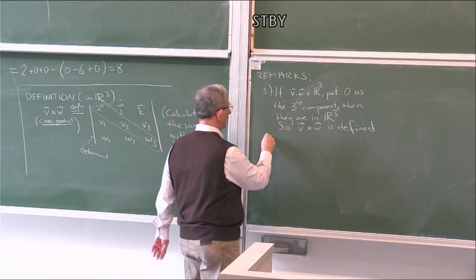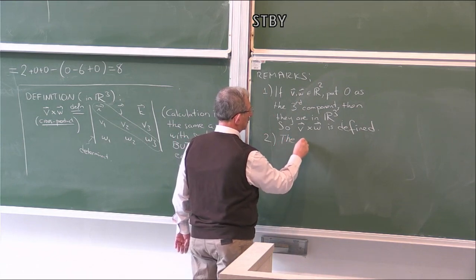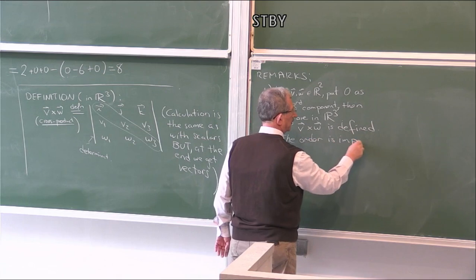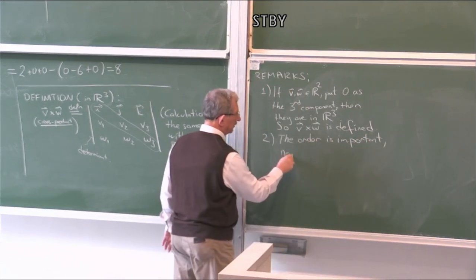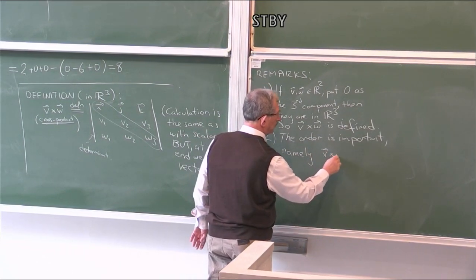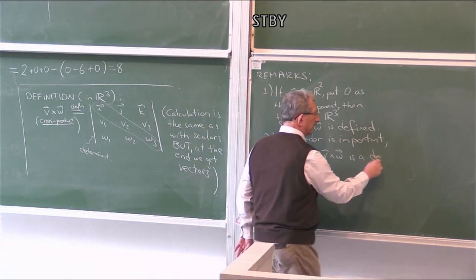Secondly, the order is important. Namely, V cross W is a determinant.